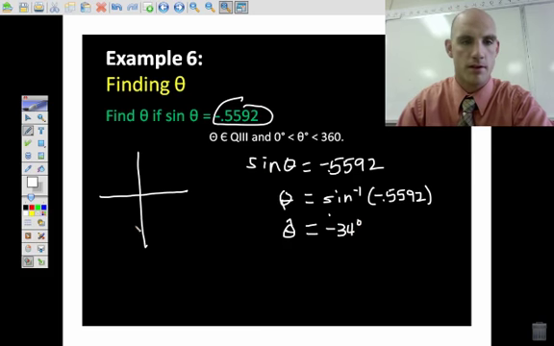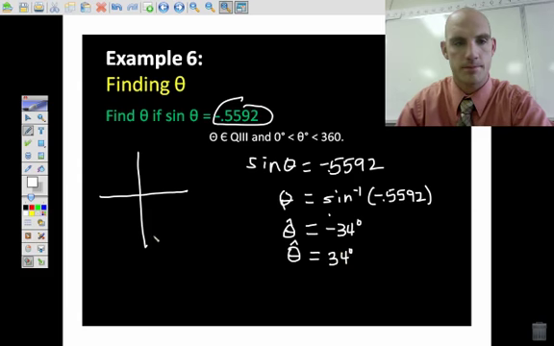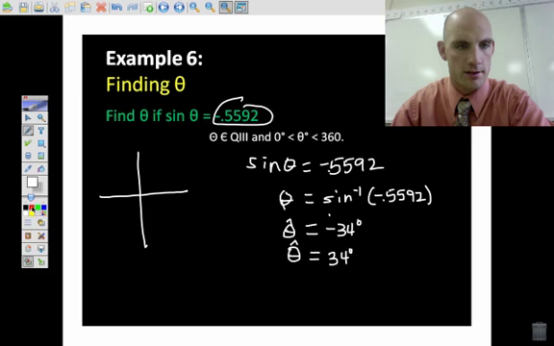If it's in quadrant 3, that means it's over here, so theta hat is going to be 34 degrees. When I draw this, it's going to look something like this. Third quadrant, and this is my 34 here.